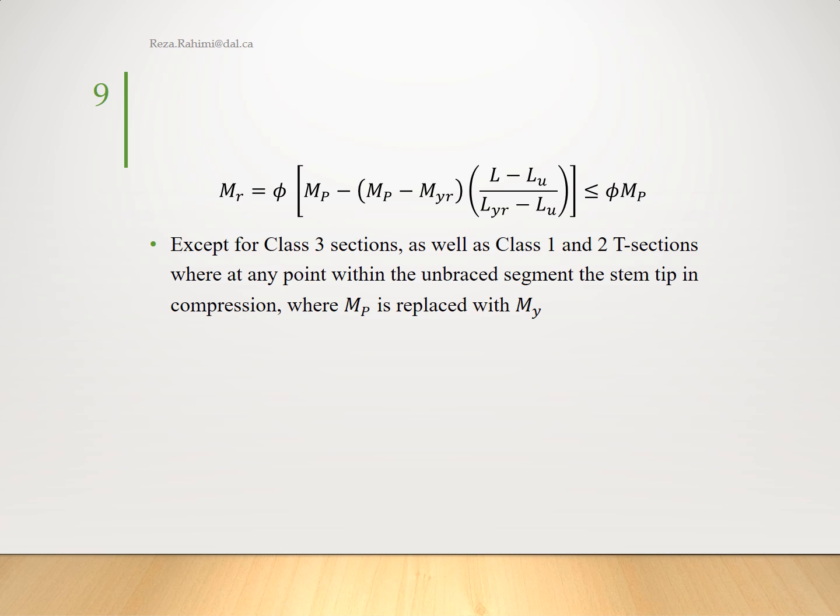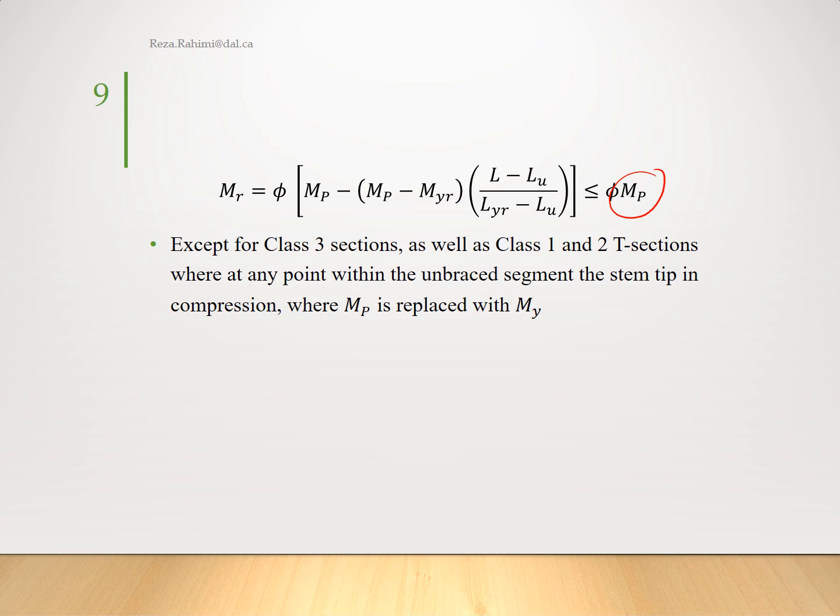Okay, the resistance moment is in this formula, and again, be careful that the upper bound is the plastic moment. Except for class 3 sections, as well as class 1 and 2 T sections, where at any point within the unbraced segment the stem tip is in compression, where Mp is replaced with My.